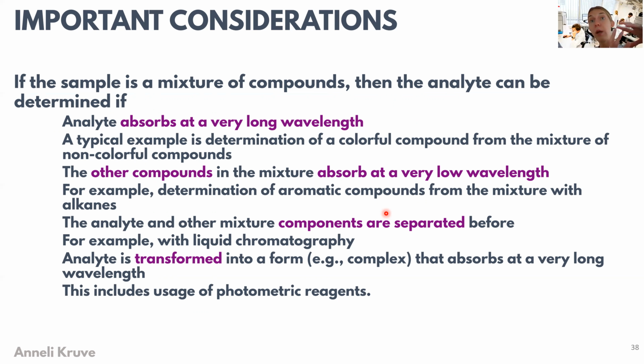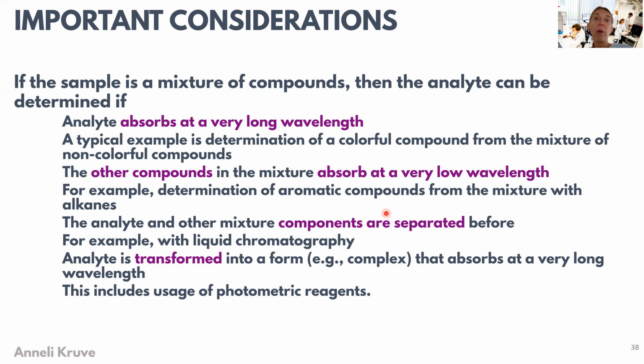Most compounds absorb at the lower wavelengths, but with increasing wavelength, the probability decreases. So if we know that our compound absorbs at a very high wavelength, we can be fairly sure that this could possibly be selective. Of course, knowledge about other compounds potentially present in the sample is very advantageous, because then we can also evaluate the possibility of these compounds interfering with our measurement.